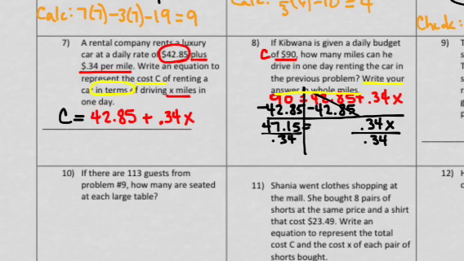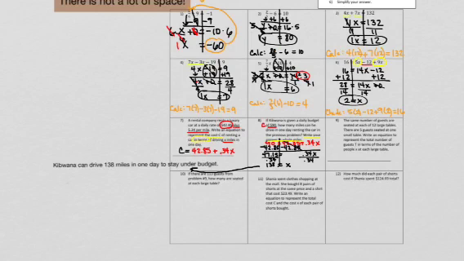So we are going to say that X is approximately equal to 138. So we would say that Kibwana can drive 138 miles in one day to stay under budget. And like I said, I didn't give you a whole lot of room to write, but if you could squeeze that in somewhere, that would be great.